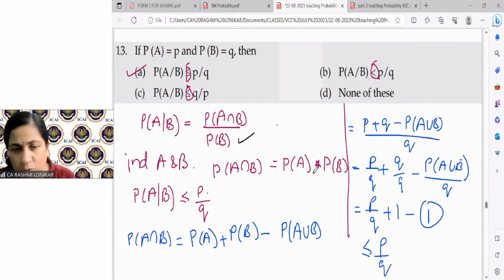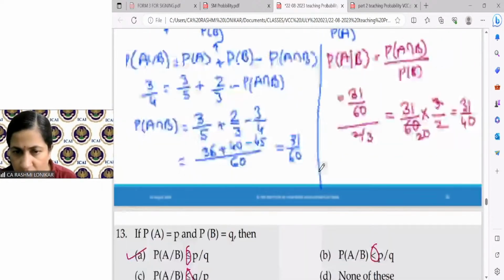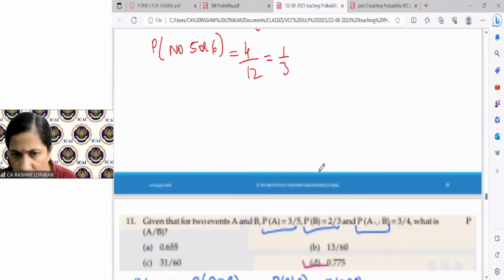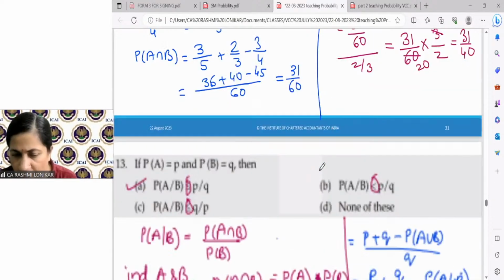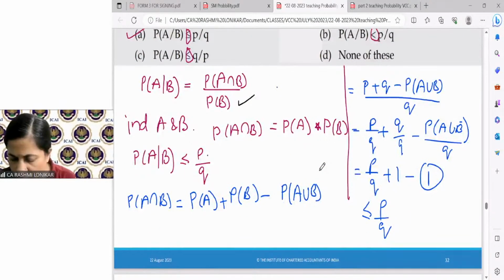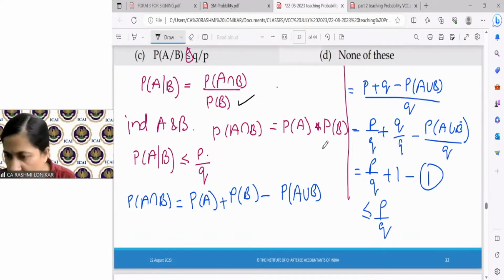Ayush, which sum? I haven't taken the 12th sum, Ayush. Okay, I'll just see what is happening.